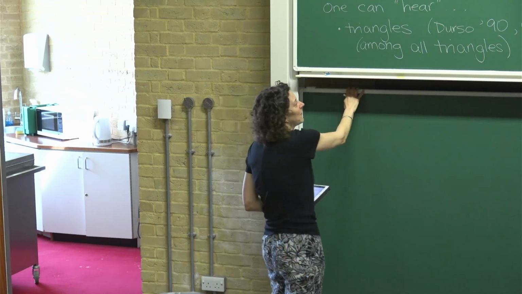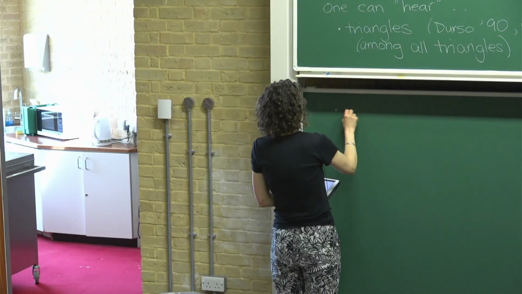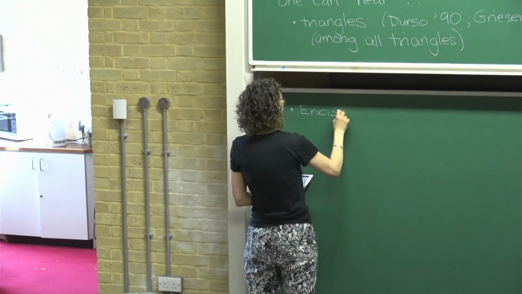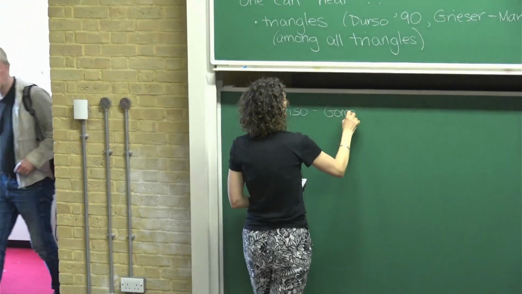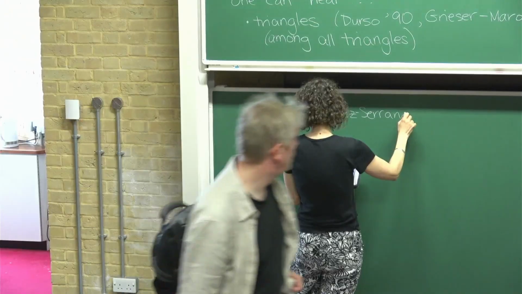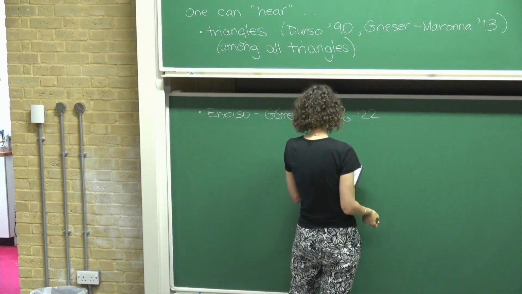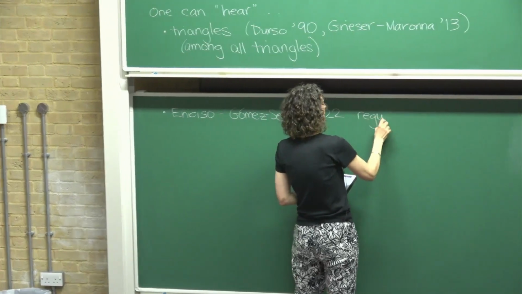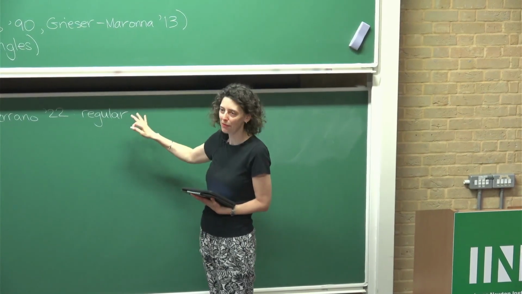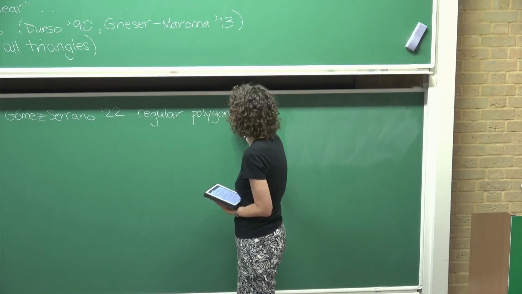Yes, okay. So we also have more recently, in 2022, a result that is actually slightly more general than this. It's about semi-regular polygons, but for today, let's just think about regular polygons.